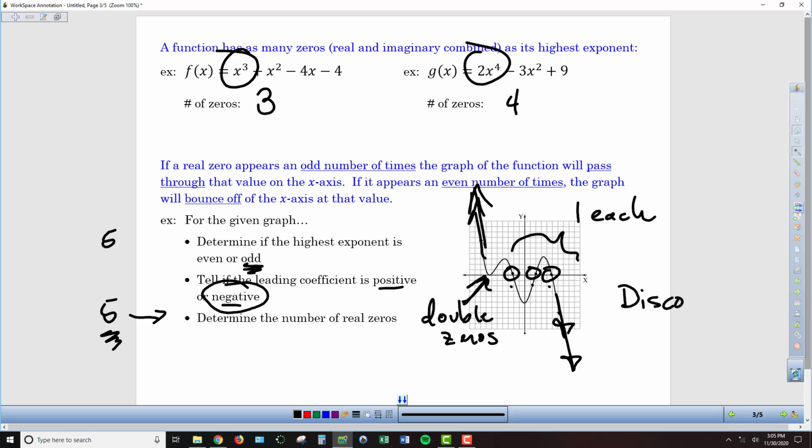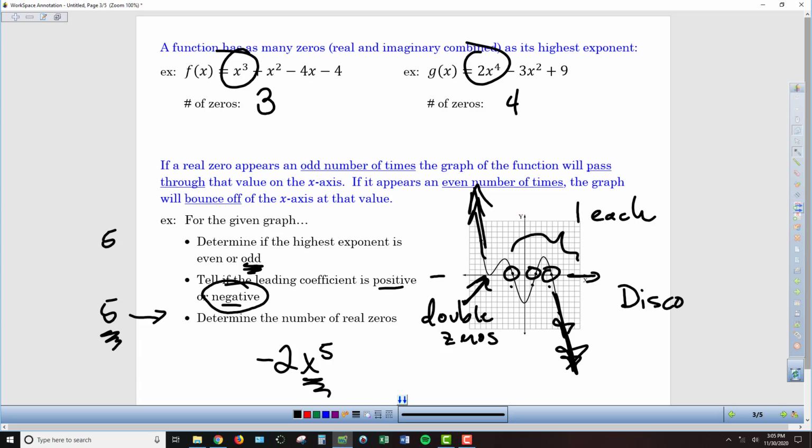And so if, let's say it was x to the 5th, if I plug in larger and larger positive numbers for x, I'm going to get positive numbers out of x to the 5th, but I need my graph to go down, so the only way I could do that is if my leading coefficient was negative to turn that output into a negative.